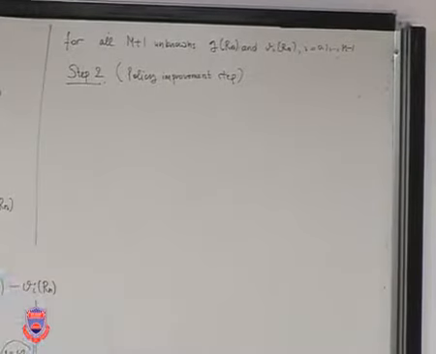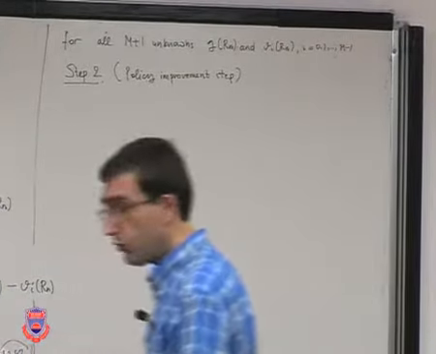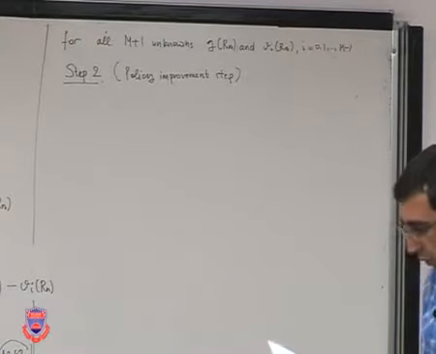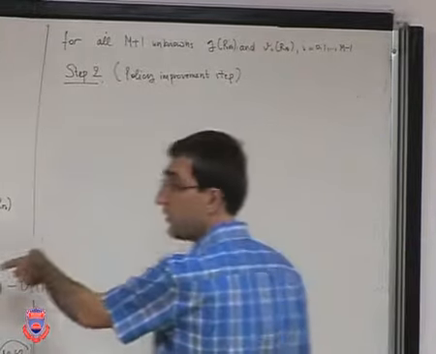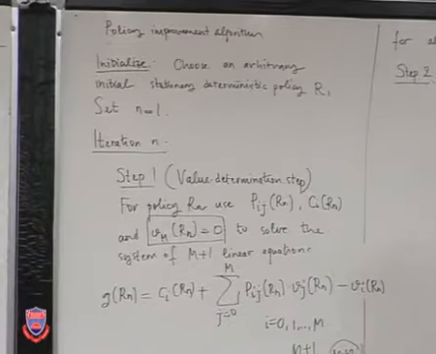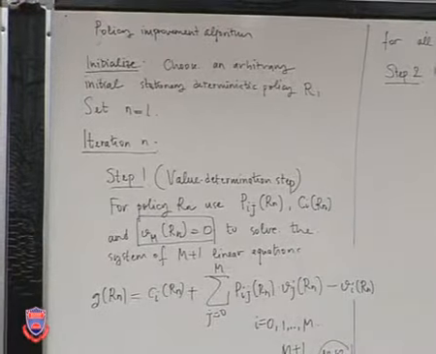What is going on in the policy improvement step? The purpose of this step was, as I said before, to find a new policy which is at least as good as the original policy for which you determined the values in the first step. Right? And how do you do that?